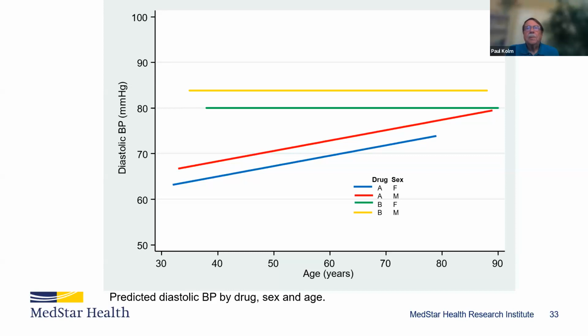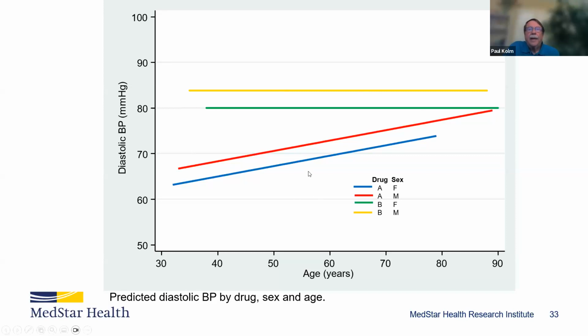And so you can obviously see here the interaction. For drug B, there's still a difference between males and females, but there's actually no change over age. It's essentially the same from the youngest age to the oldest age.